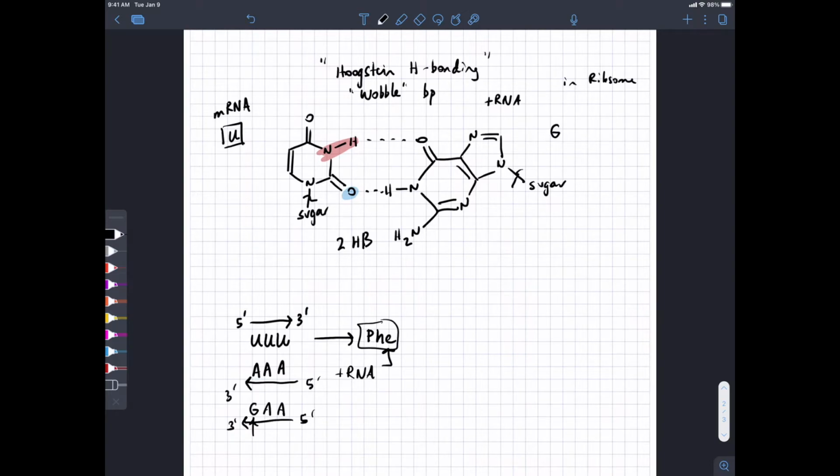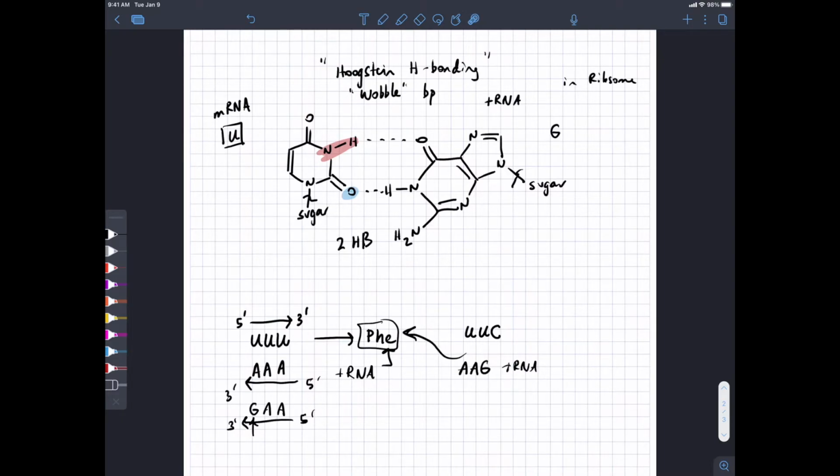But if you look at the genetic code, another thing that codes for phenylalanine is UUC, which means that the AAG tRNA also carries phenylalanine.